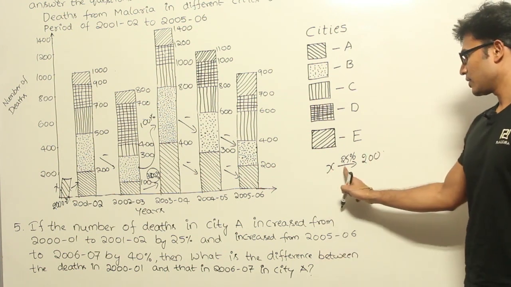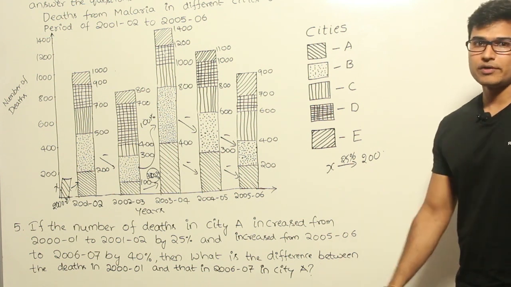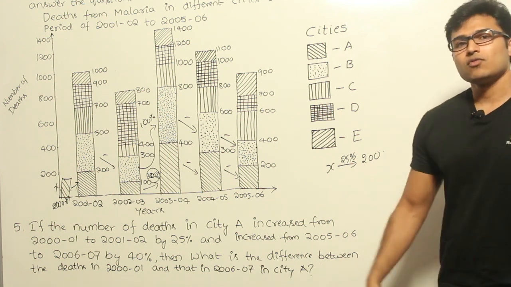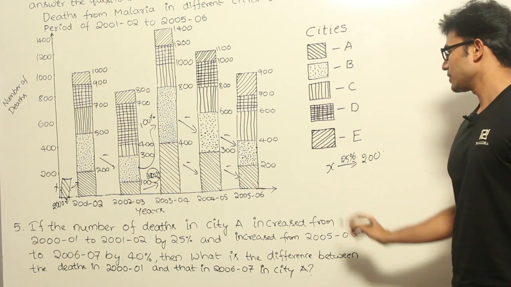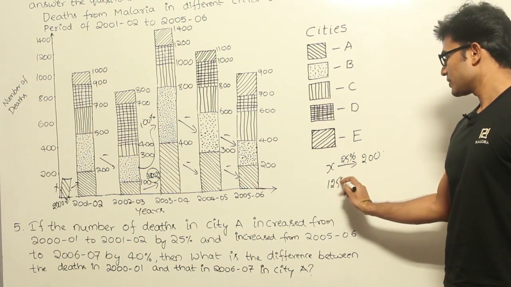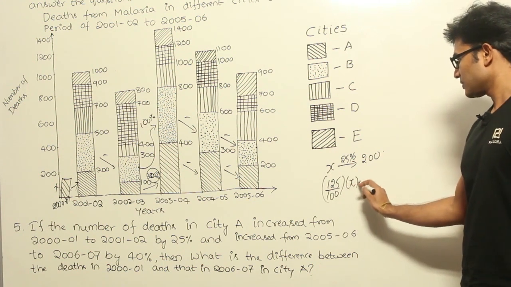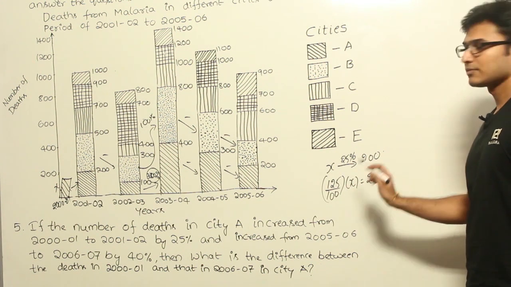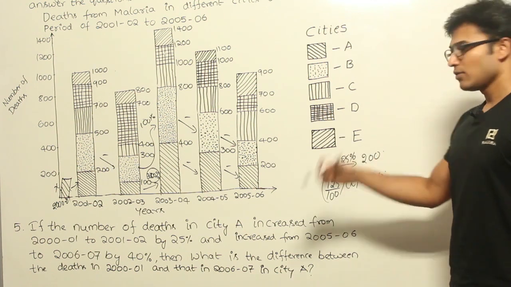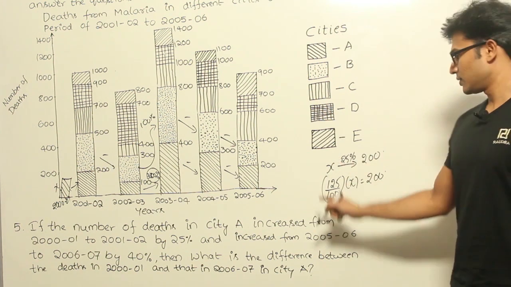X has increased by 25% in order to become 200. Therefore, what is the relation between X and 200 is 125% of X must be equal to 200, right? Or we can calculate in any other formula also, but this is one way of doing it.